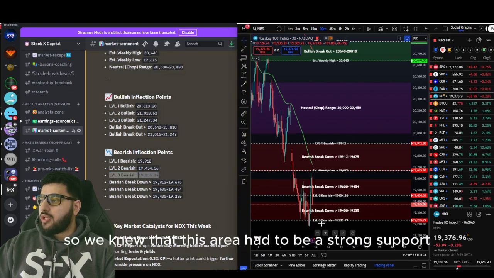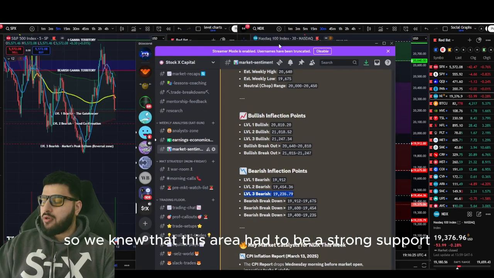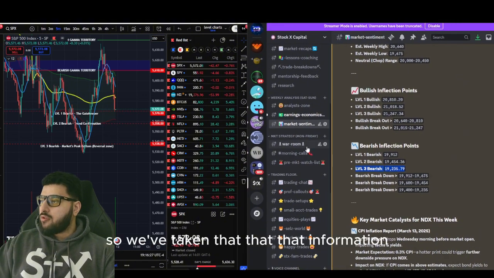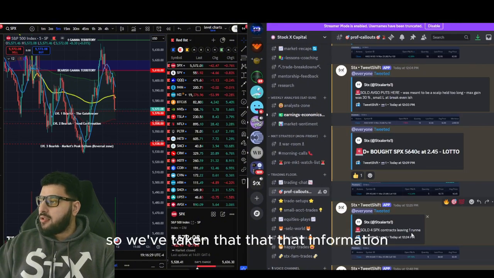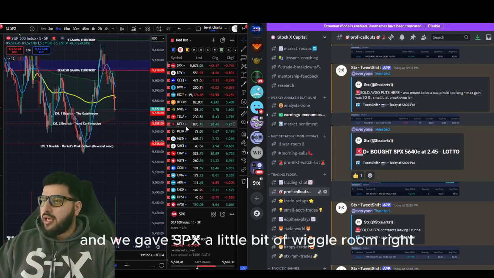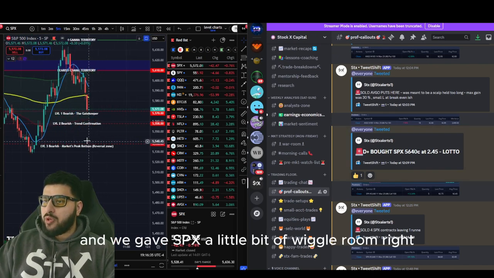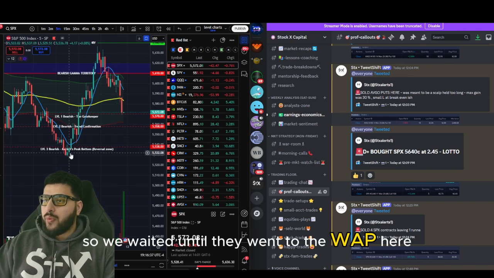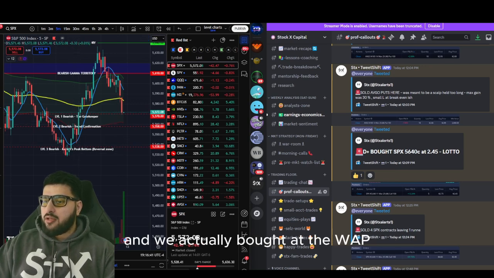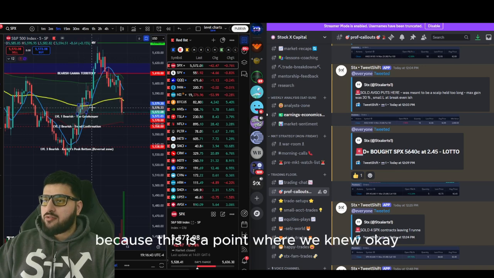So we knew that this area had to be a strong support regardless of the news. So we took that information, looked at the call premiums, and we gave SPX a little bit of wiggle room. We waited until it went to the VWAP here, and we actually bought at the VWAP.